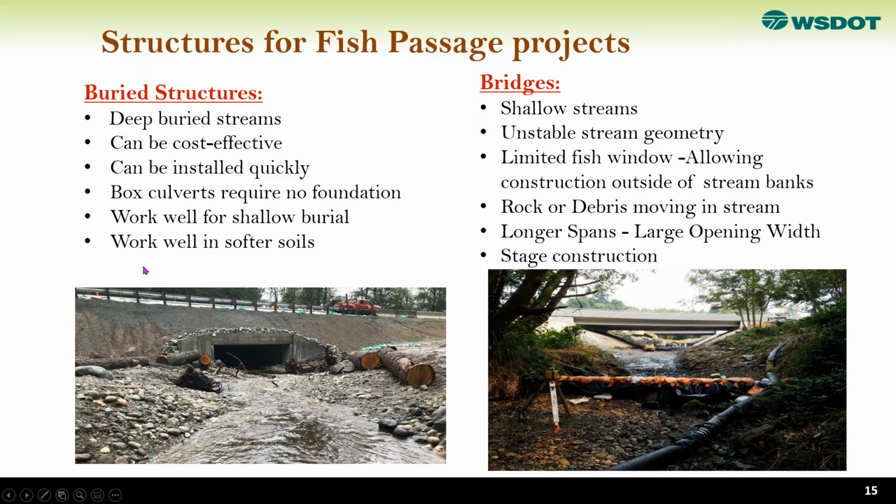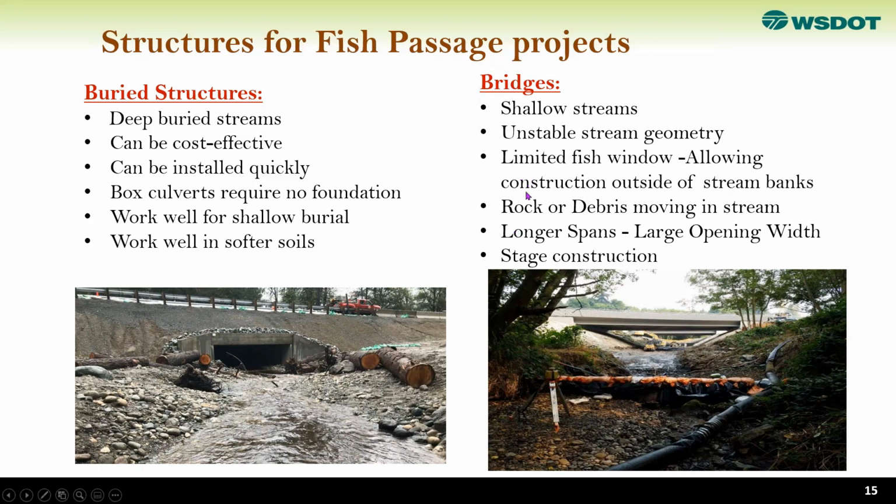So the fish passage structure could be either a buried structure or a bridge. When we are dealing with buried structures, there are some advantages at some sites. When we have a deep buried stream, it can be cost effective and can be installed quickly. Box culverts require no foundation and work well with shallow burial and in softer soils.